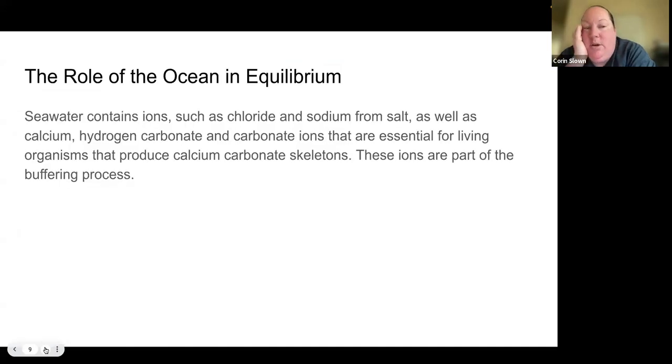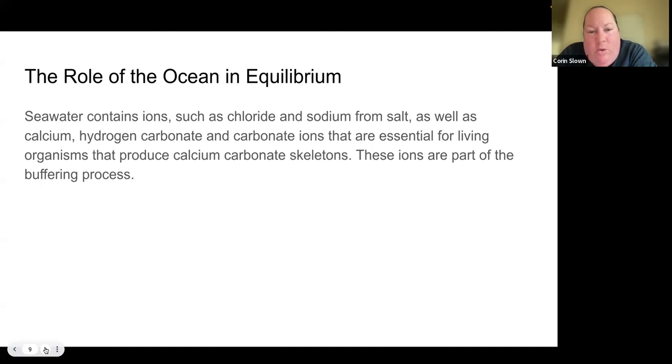Okay, so I want you to take a moment and think about why the concentration of ions matters in the ocean. So think of one or two examples of why the ions that are present in the ocean could matter.